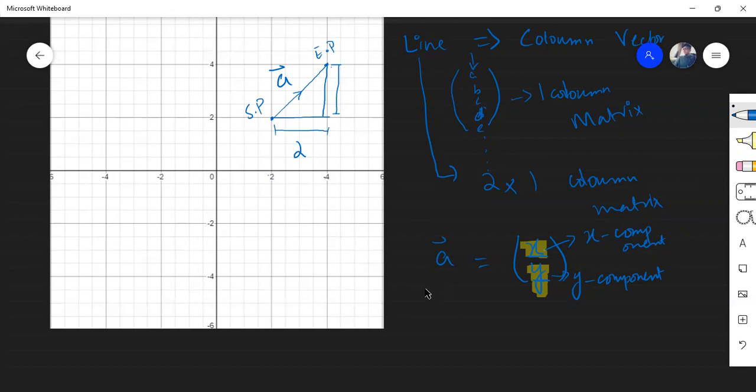Similarly in the vertical, the y component, it starts at 2 and ends at 4, so this is 2. So vector A has x equals 2 and y equals 2. So A is equal to (2, 2). This is one way to write a vector.